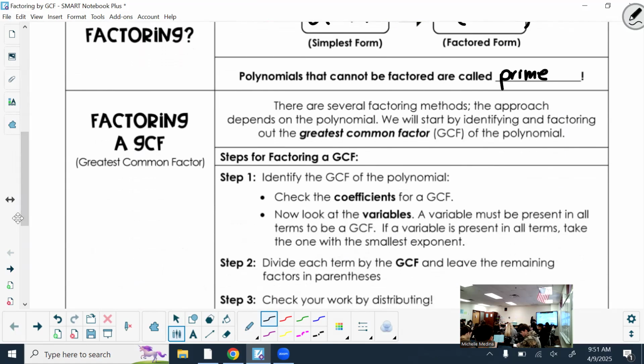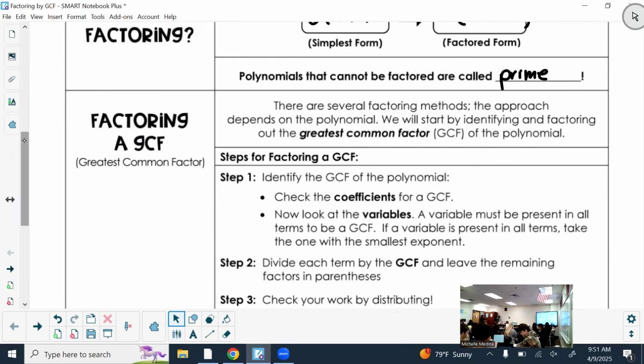So here are the steps. They're typed out for you. Try to understand them. Pay attention. First step in factoring by GCF is to look at the coefficients. What's a coefficient? The numbers that are in front of the variables. They can also be constants too.